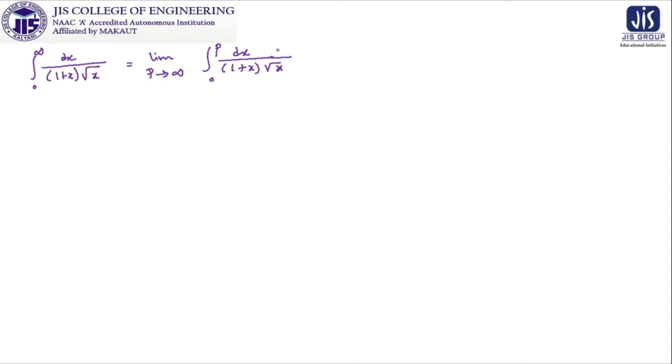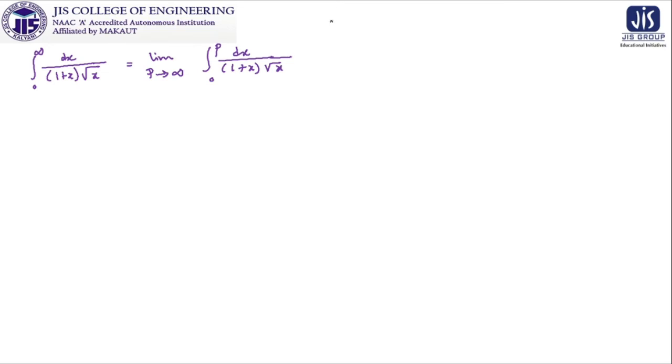So you have a question, rather I think you should have a question, that there is a problem at 0 also, because if you put 0 here, root over 0 is 0 and 1 plus 0 is 1, so 1 into 0 is 0, so this is also a point of infinite discontinuity.